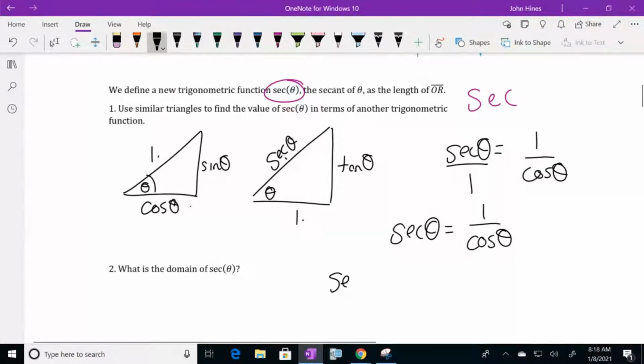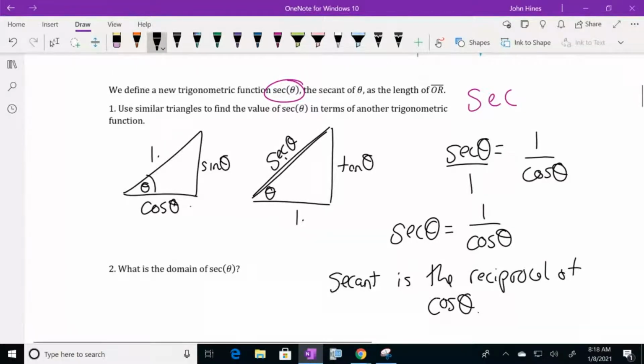So secant is this new trig function. Secant is the flip, the reciprocal of cosine. So if I know cosine, what does reciprocal mean? Flip the fraction. Secant means flip it, and you get that value there.